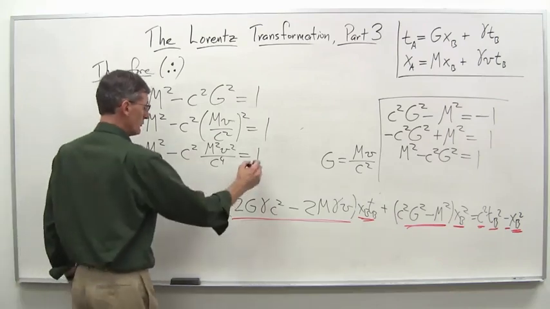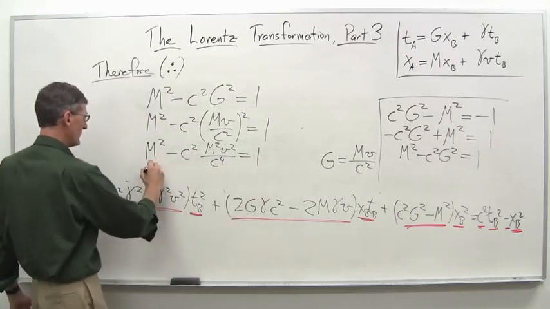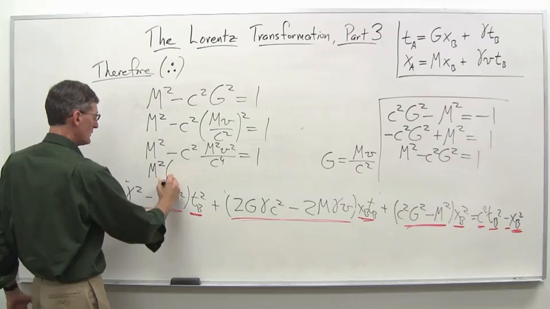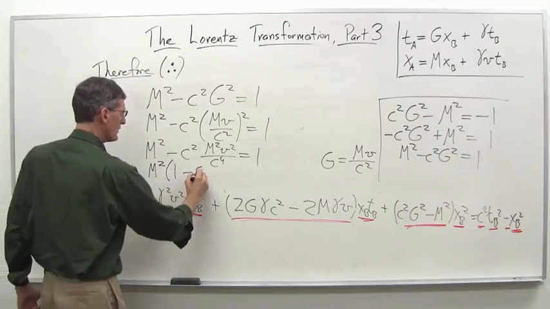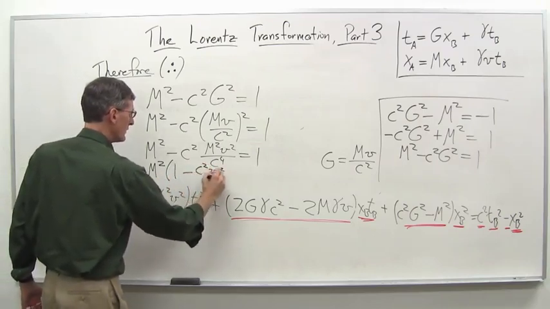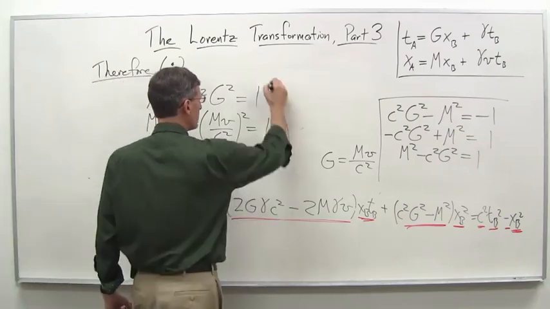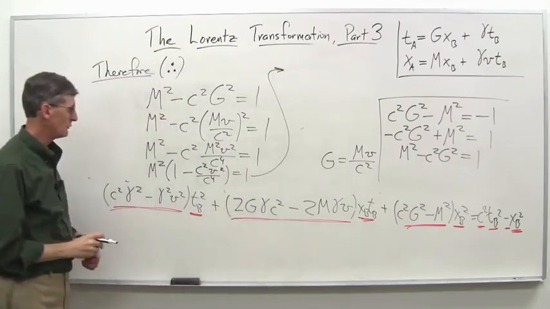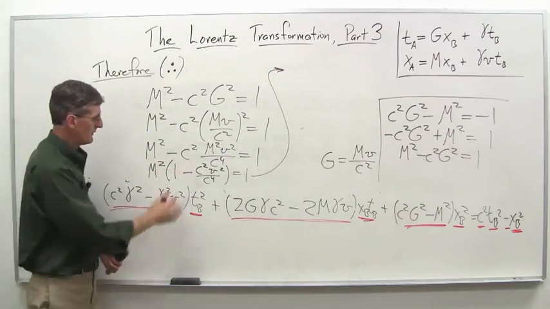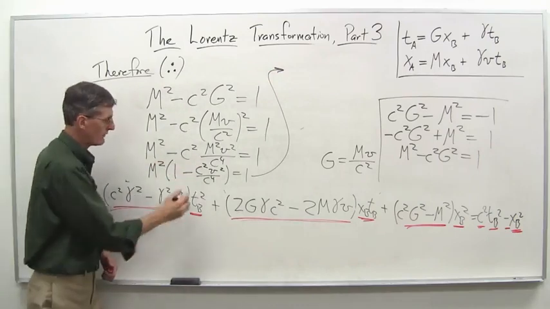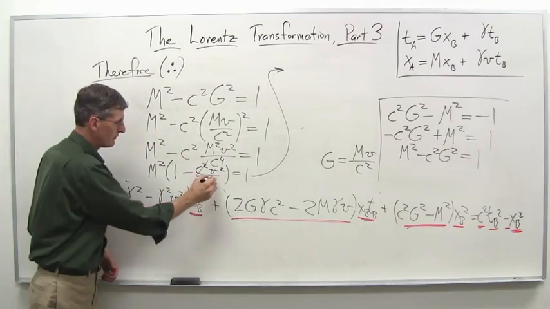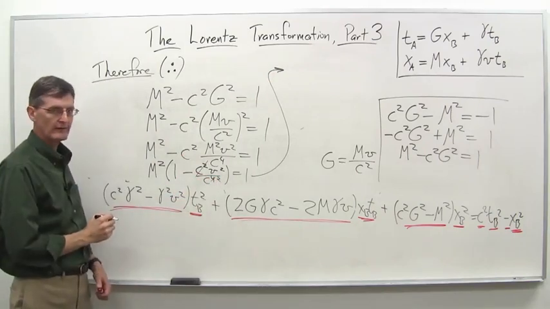So we've got m squared times 1 minus c squared, v squared over c to the 4th equals 1. Note, I've got a c squared here and a c to the 4th there. So the c squared disappears, and that becomes just a c squared down there.